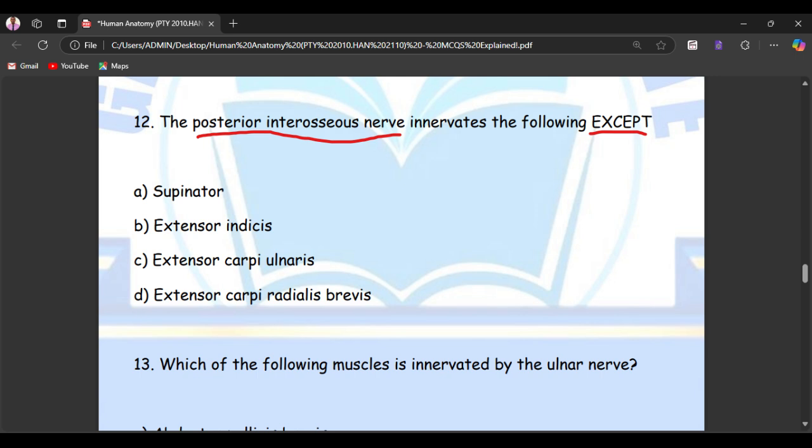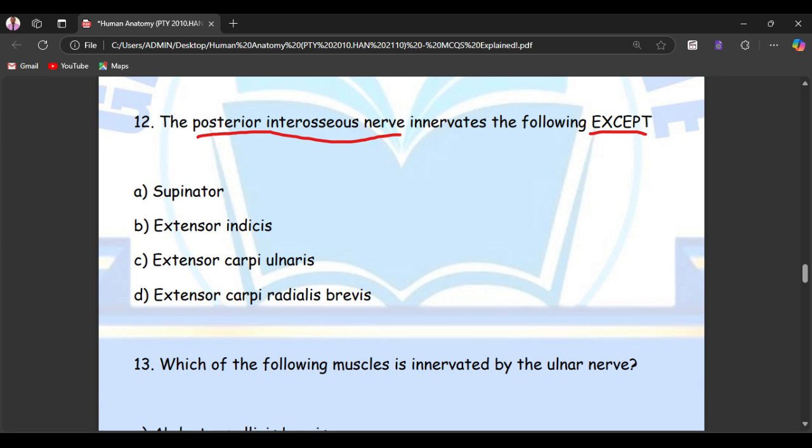Now let's go back to the posterior interosseous nerve, which is in the question. It gives sensory function to the posterior wrist joint capsule.